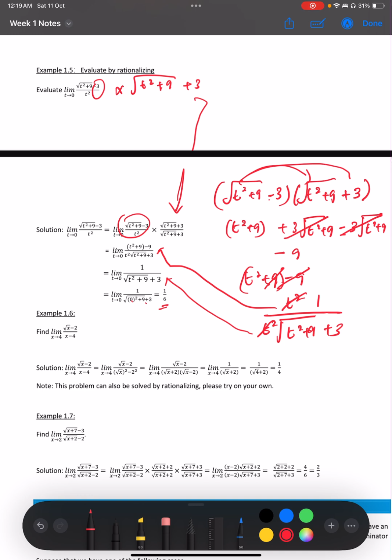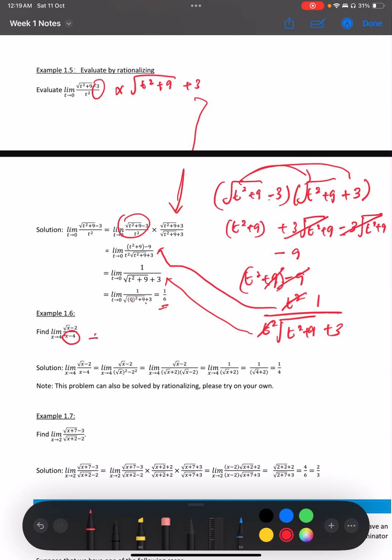All right. Okay, let's look at the other example, where you have the fraction as well, and there's a square root. Okay, this one is quite easy.